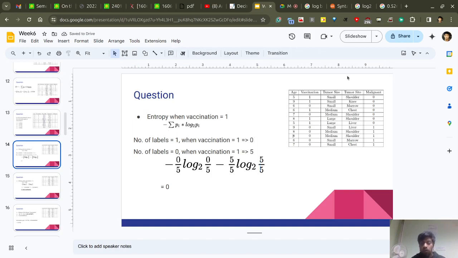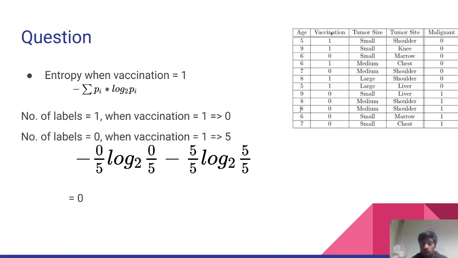Basically, suppose for a moment we forget all the zeros here and only consider the 2, 3 and 4, 5 rows. In the 5 rows, just look at the output, how many of them are 1. It is 0, it is 0, it is 0, it is 0, it is 0. So none of them are 1. We have 5 rows, and out of them none are 1. So this is 0 by 5, just using this equation.